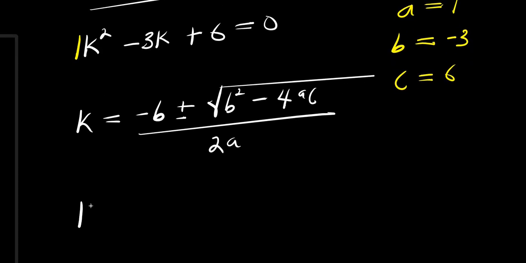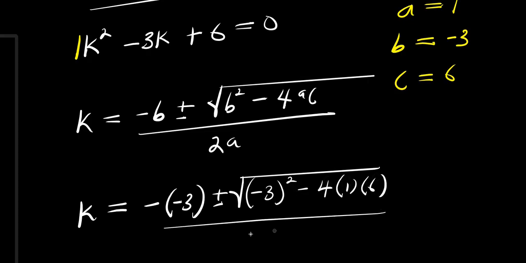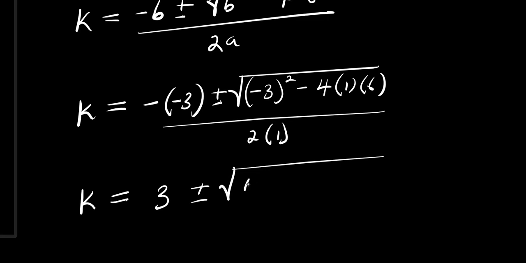So from here, we have k equals negative times -3, plus or minus square root of (-3)^2 minus 4 times 1 times 6, divided by 2 times 1. So from here, k equals 3, plus or minus square root of 9 minus 24, divided by 2.